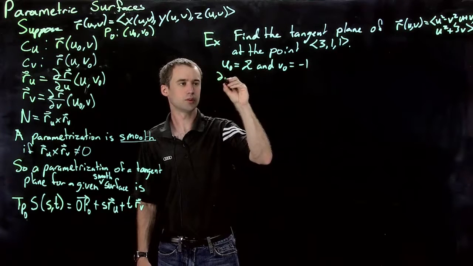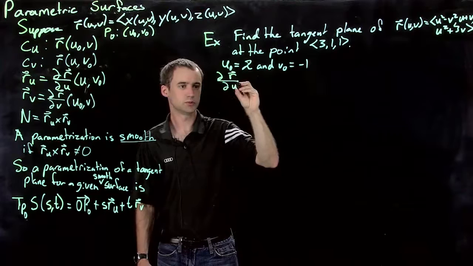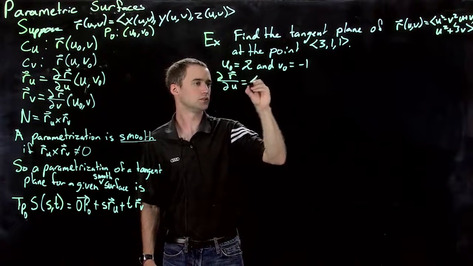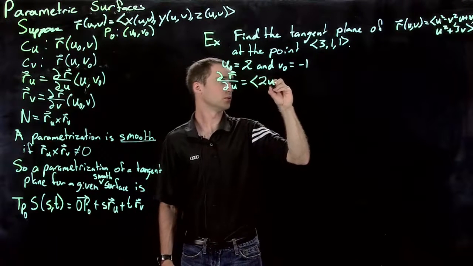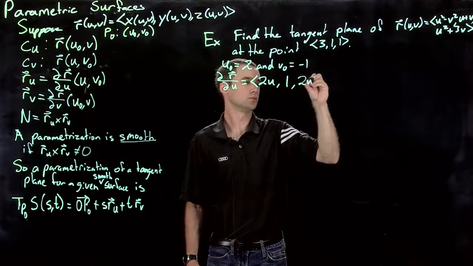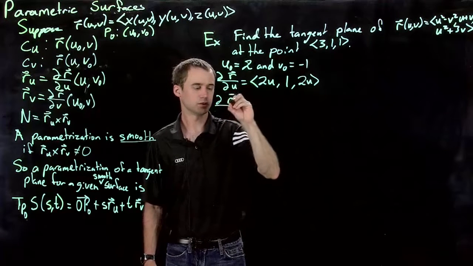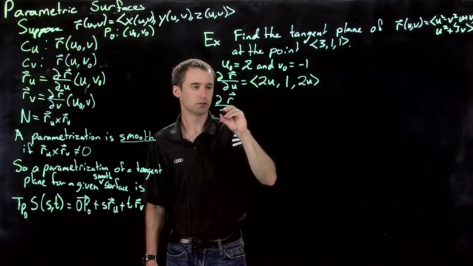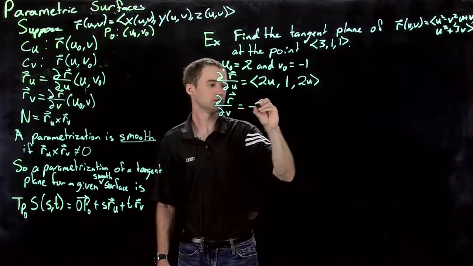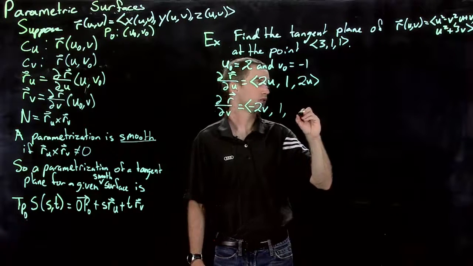So we want the partial of r with respect to u, and that is (2u, 1, 2u). And similarly, the partial of r with respect to v is (-2v, 1, 3).